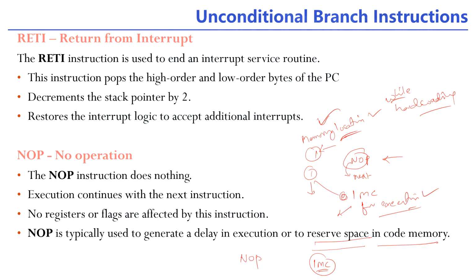So, if I execute the same instruction 10 times, it will consume 10 machine cycles. 10 machine cycles at 1 microsecond each gives a delay of 10 microseconds. So we can increase the delay of a loop by repeating NOP instructions a number of times. These are the applications of the NOP instruction.